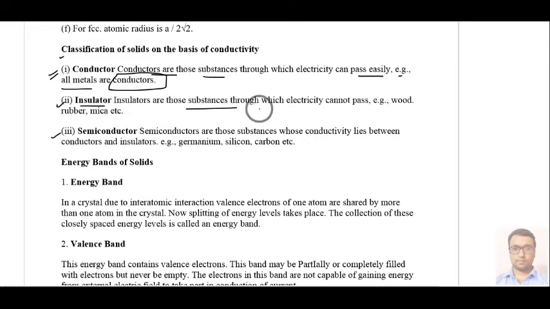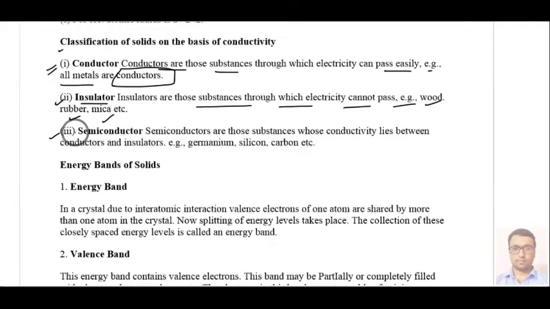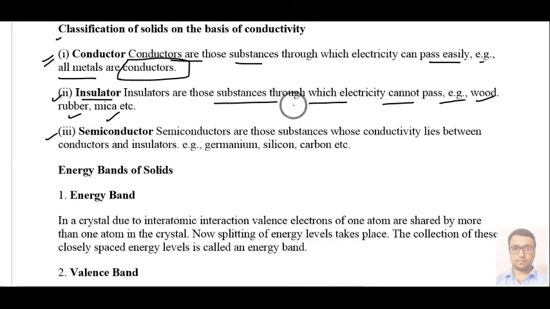Insulators are those substances through which electricity cannot pass, like wood, rubber, mica, etc. After that we have the third classification, that is semiconductor. Semiconductors are those substances which conduct electricity, and this property lies between conductors and insulators. Some examples of semiconductors are germanium, silicon and carbon.